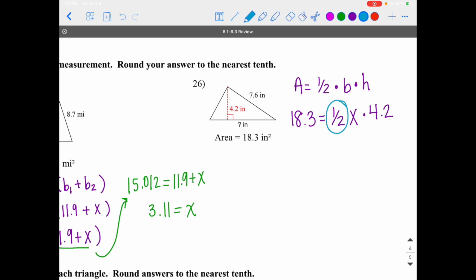Now we can go ahead and multiply these two numbers together. 18.3 equals 2.1x. And then I divide both sides by 2.1 to get 8.71 equals x.